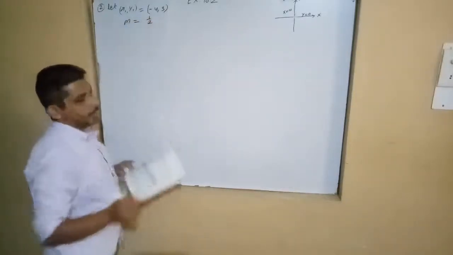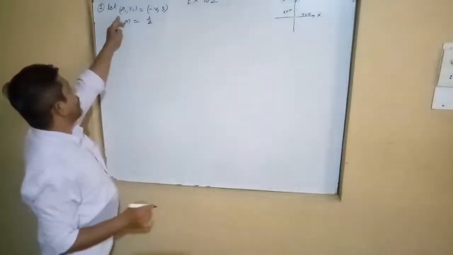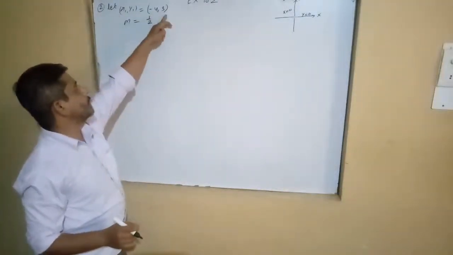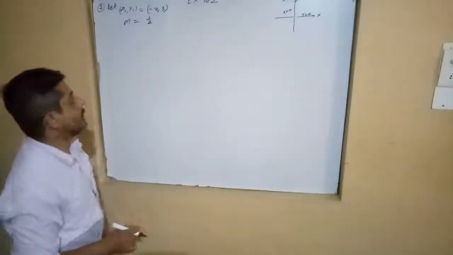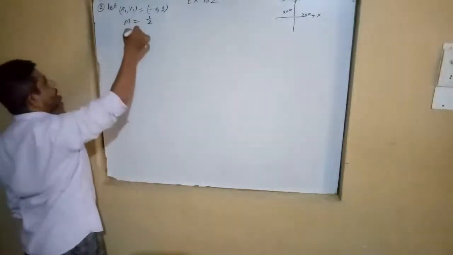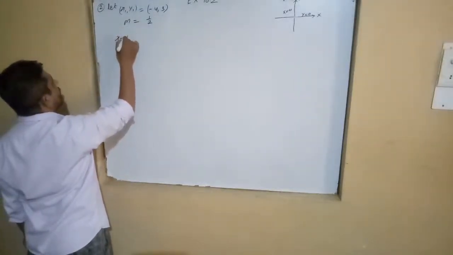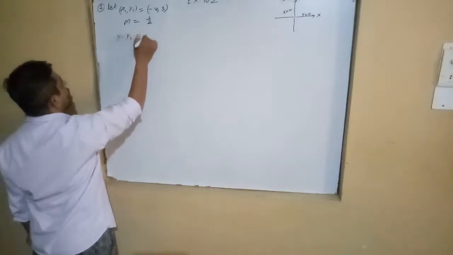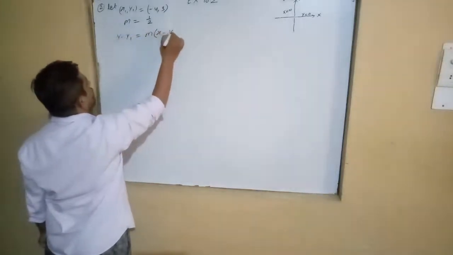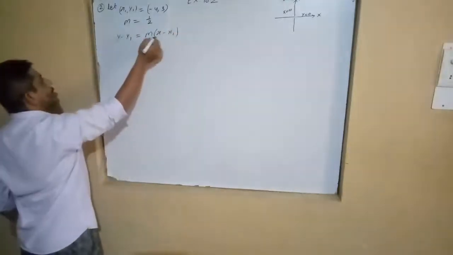So we have two pieces of information: the line passes through minus 4 and 3, and the slope is equal to half. So we apply the formula y minus y1 is equal to m into x minus x1. Now fill in the values easily.